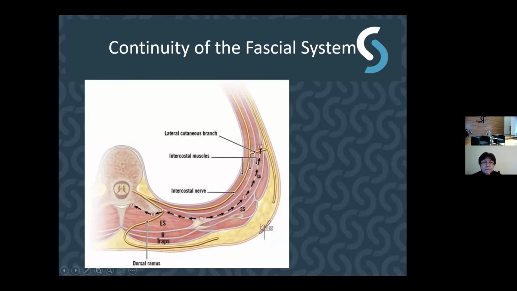Now, what do I mean by the transition or transmission belts? We have a continuity of the fascial system. So if you look at the fascia in, for instance, this plane, where you would do the erector spinae block, here is our retrolaminar area. So the fascia in this entire layer is continual.